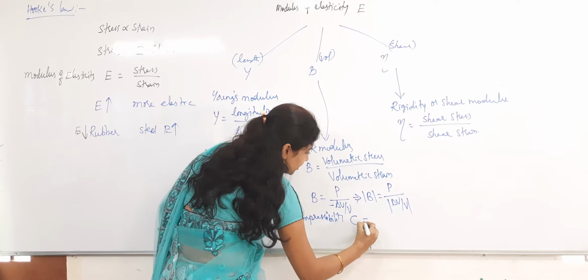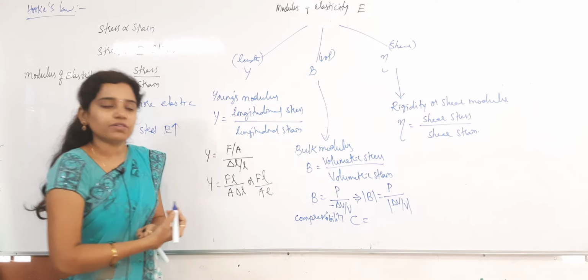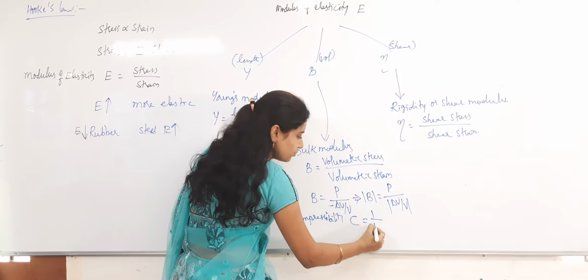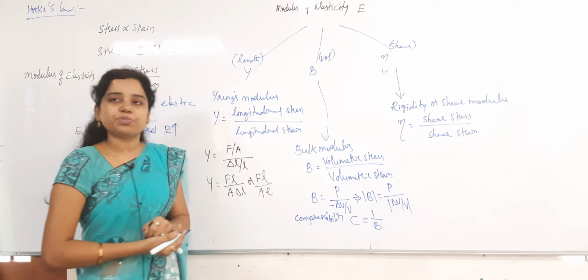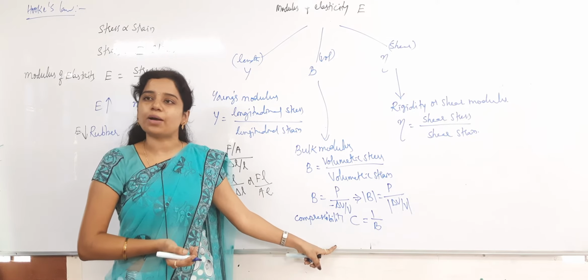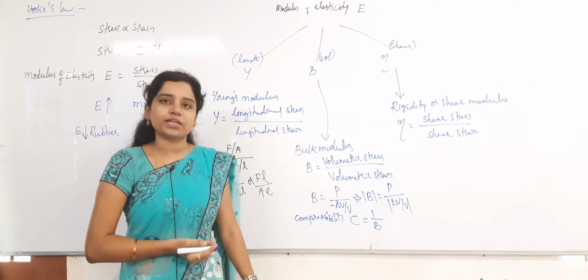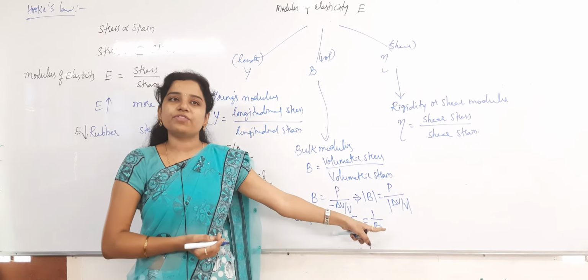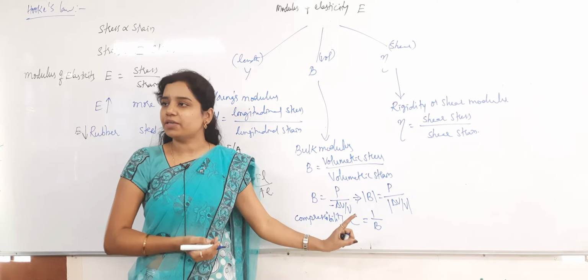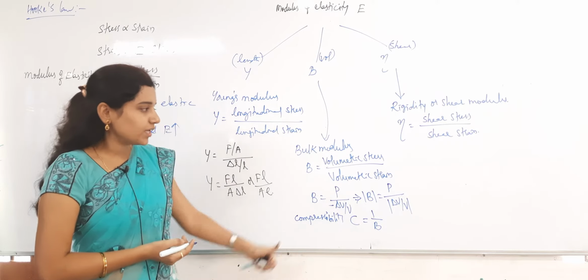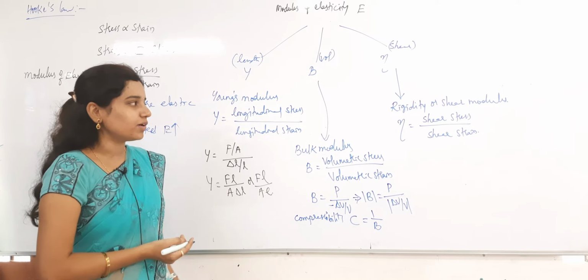Compressibility denoted by C. The C is exactly equals to the reciprocal of bulk modulus. Reciprocal of bulk modulus is known as the compressibility here. So what is the formula I can write? C is equals to delta V by V divided by pressure P. That is what I can write here. So that is about the compressibility and then bulk modulus.